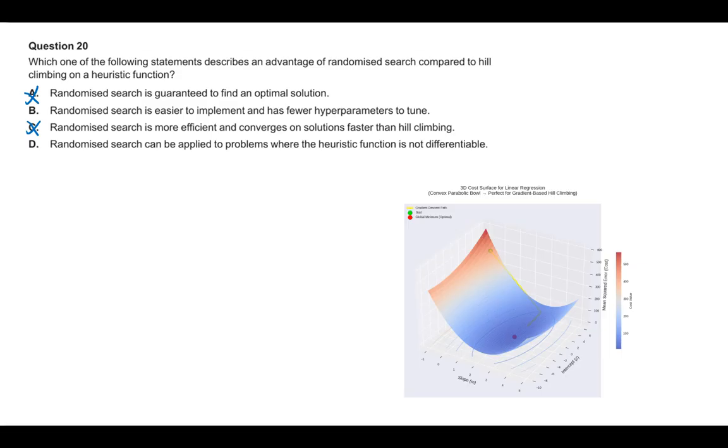So that's when we're expecting maybe a jagged search space and we want to have a random jump from here to here. So simulated annealing will help us where we don't have that differentiable heuristic function, whereas hill climbing potentially has more hyperparameters to tune, especially if we think about it as simulated annealing.